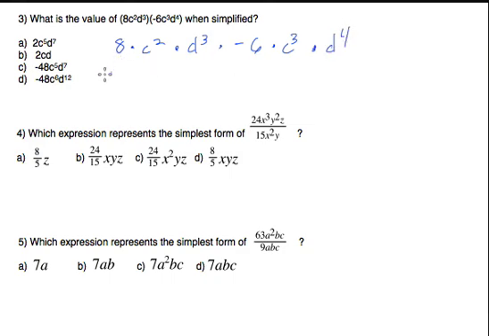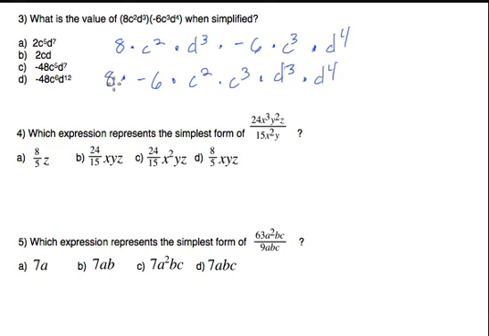And we can just rearrange everything. 8 times negative 6 times c squared times c cubed times d cubed times d to the 4th.